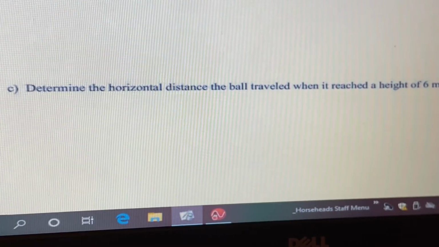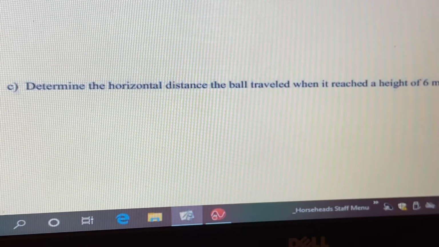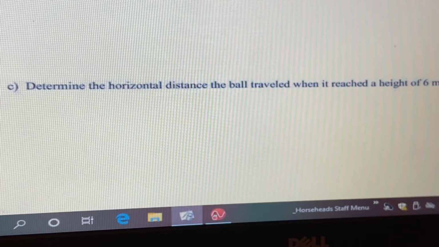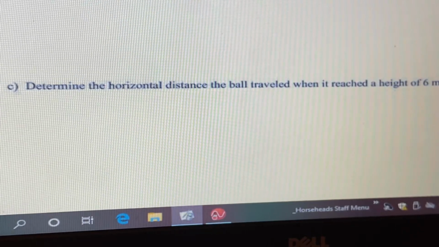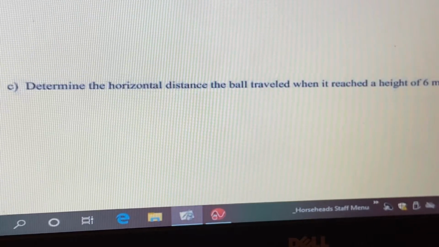So you could have 2 different distances here. It could be this distance, or it could be this distance. We don't know which one. If you stood right here with a net, you would catch the soccer ball. If you stood right here with a net, you would catch the soccer ball. We need to know where to go stand.